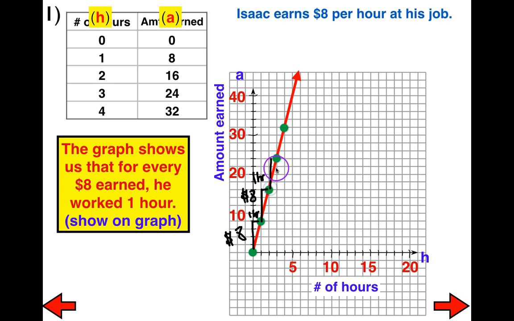Continuing on, $8 for every 1 hour that he works. So this is a visual of our unit rate, that he's earning $8 for every hour that he is working at his job.